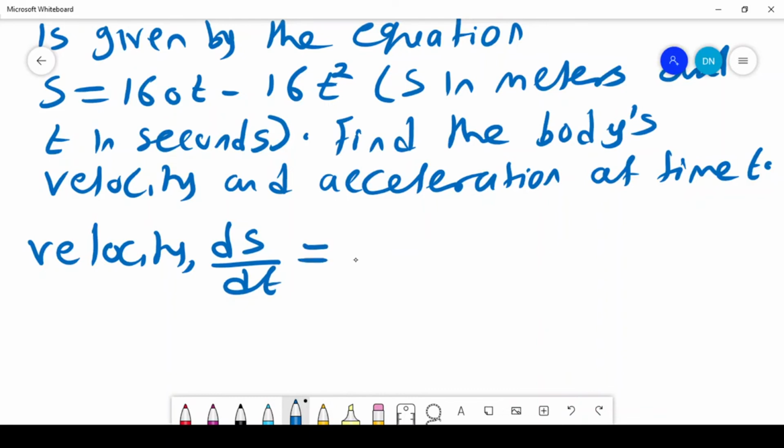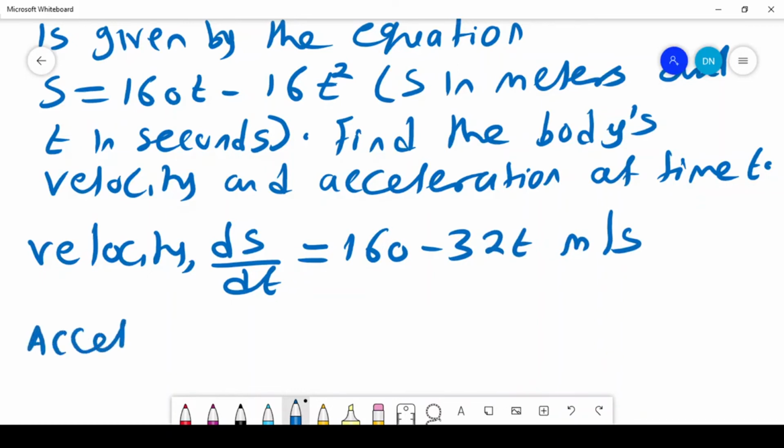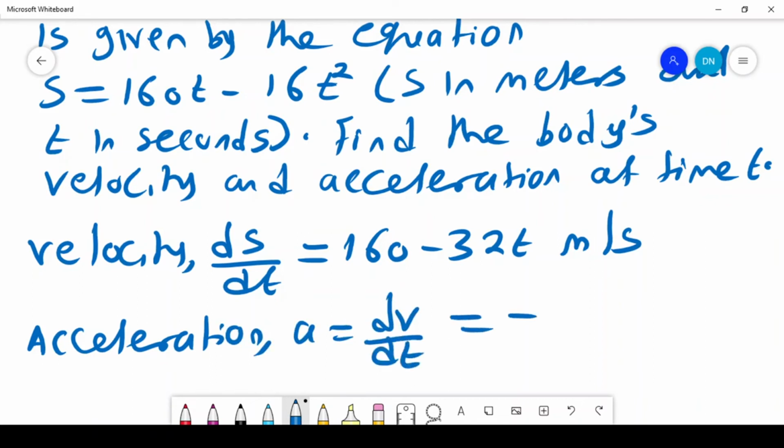That gives us the velocity, and it is in meters per second. And then the second part is acceleration. Acceleration is given by the change in velocity with time, and it is in meters per second squared. It has a negative sign because the object is decelerating.